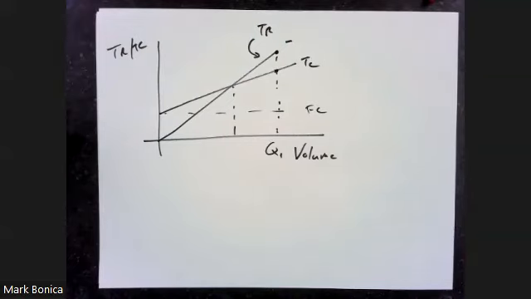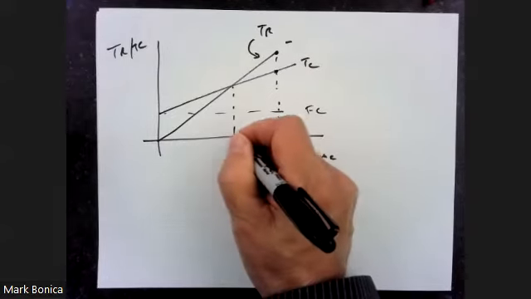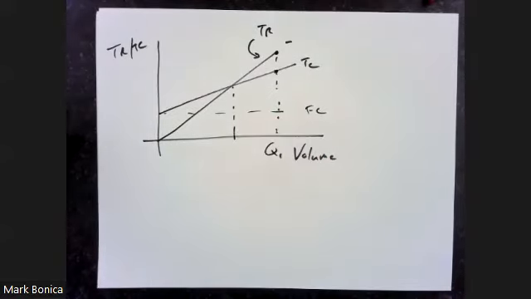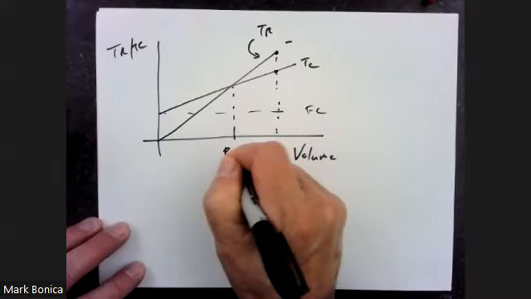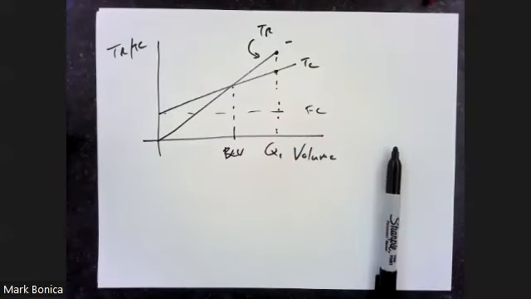So let's say I'm at Q1. That means I have passed what? What point is this? Break even, right? This is my break even volume. At the break even volume, I have covered all of my fixed costs, and now I am moving into making a profit, right? I've brought enough revenue in to cover all of my fixed costs as well as any additional variable costs.